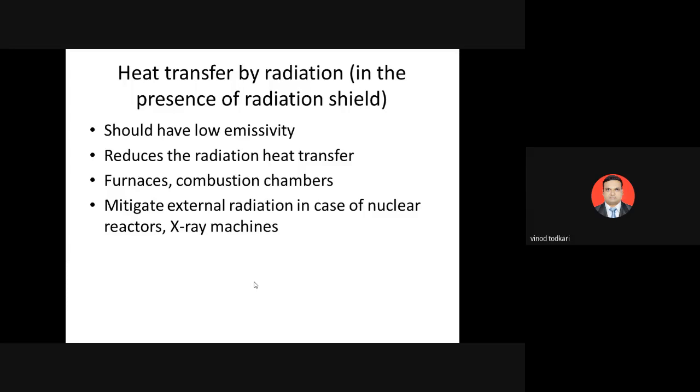You might know that X-ray wavelengths are extremely small. Now, if wavelength is very small, frequency is very high, E is equal to h nu. So they carry extremely high energy. The photon energy is very high. So to mitigate those external radiations in nuclear reactors as well as X-ray machines, we use radiation shields.